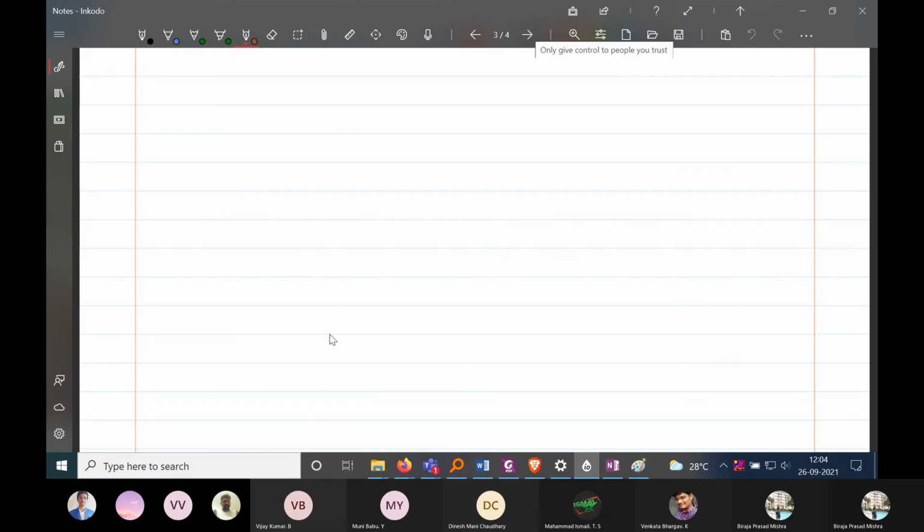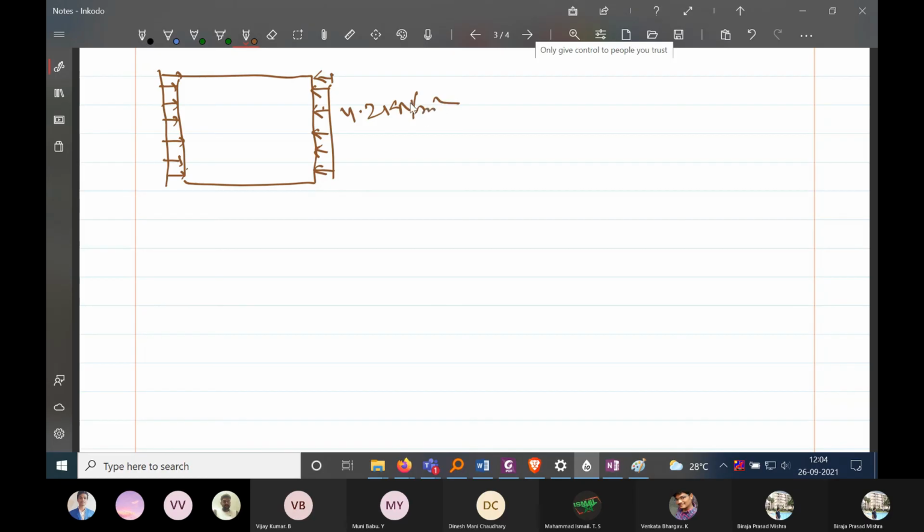Next, what is the uniform lateral pressure due to the effect of dead load only? How much is the value? It is 4.2 kilonewton per meter square.